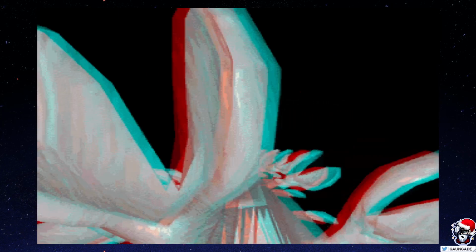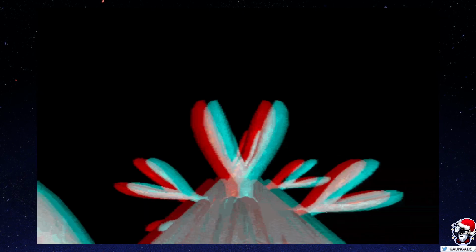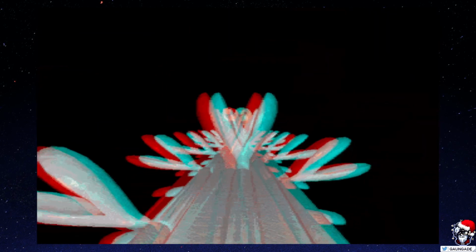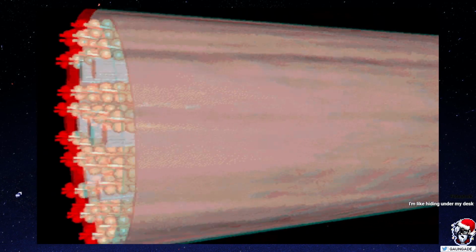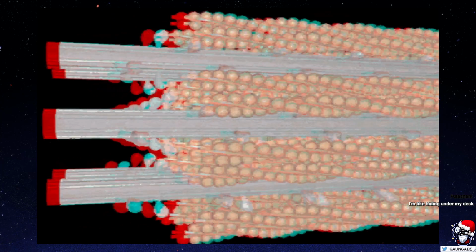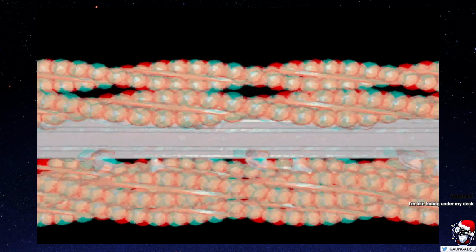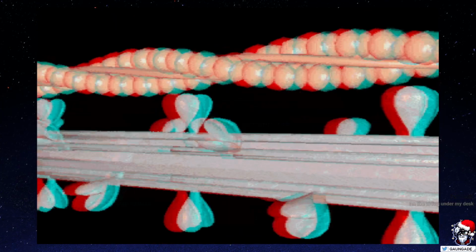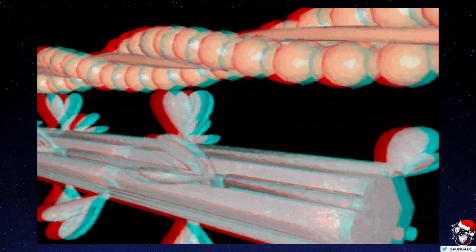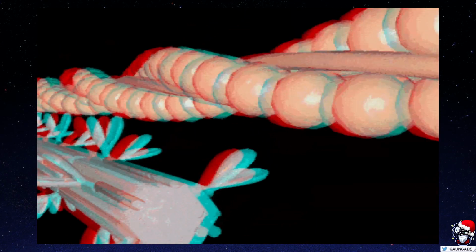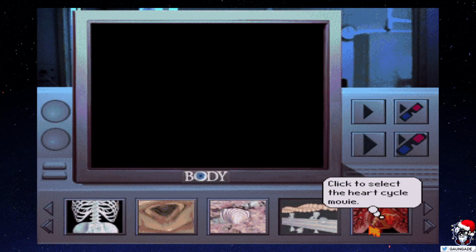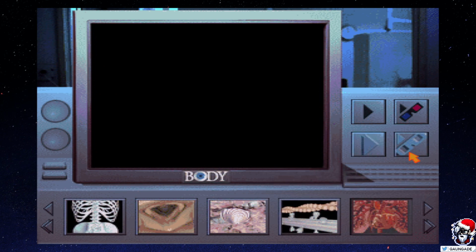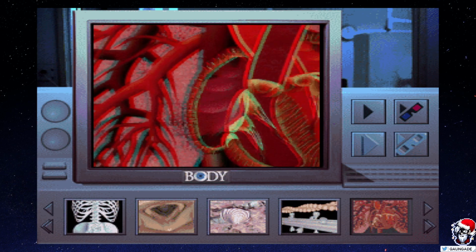Damn, they got really creative with the flybys. Muscle cell. Myofibril. Actin. Oh, so seamless, I don't even notice. Oh, this one's just this tiny screen. Yo, what the fuck?